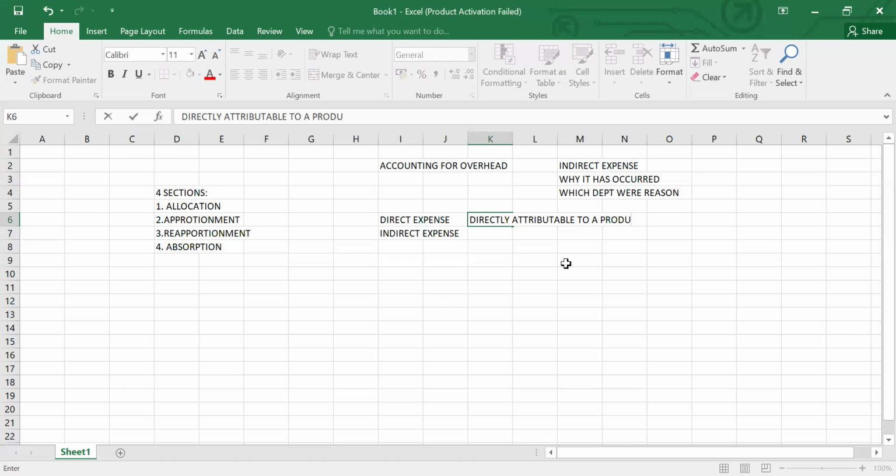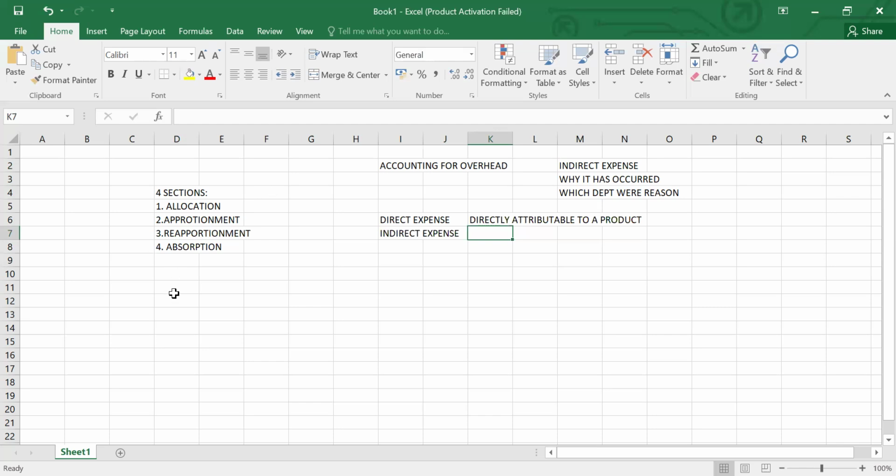Obviously, a direct expense means it is a direct cost, so it will directly be given to a product. But indirect expenses cannot be directly given, right? So in order to distribute the cost of an indirect expense on the product, we go through four processes, four sections, four steps that are combined and known as accounting for overhead.